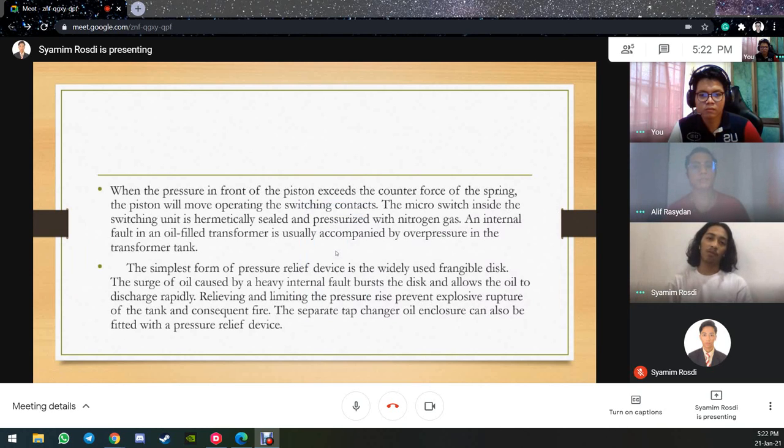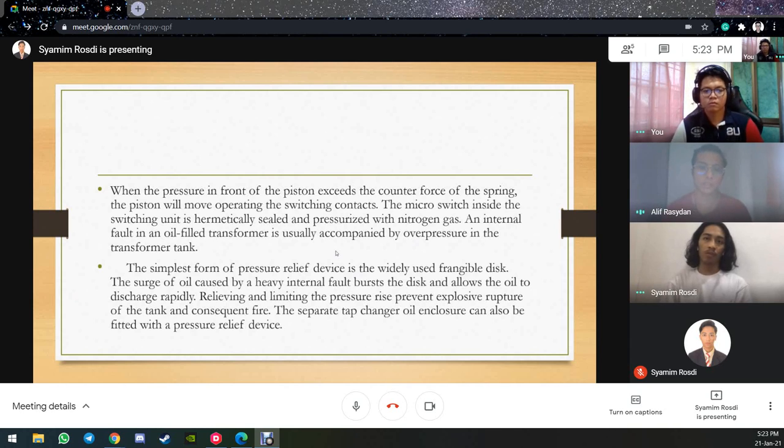When the pressure in front of the piston exceeds the counter force of the spring, the piston operates the switching contact. The micro switch inside the switch unit is hermetically sealed and pressurized with nitrogen gas.